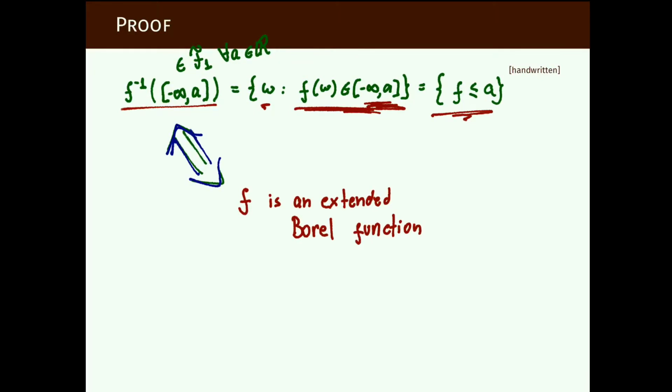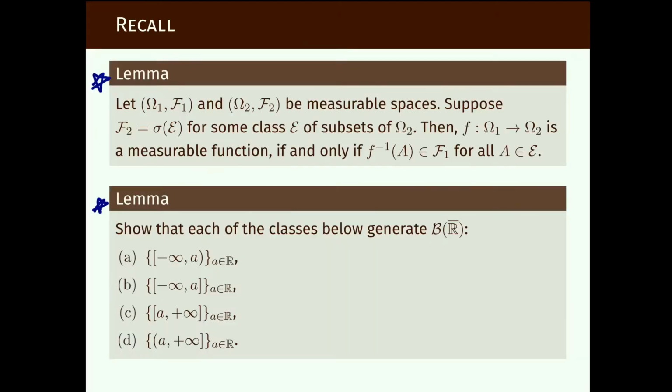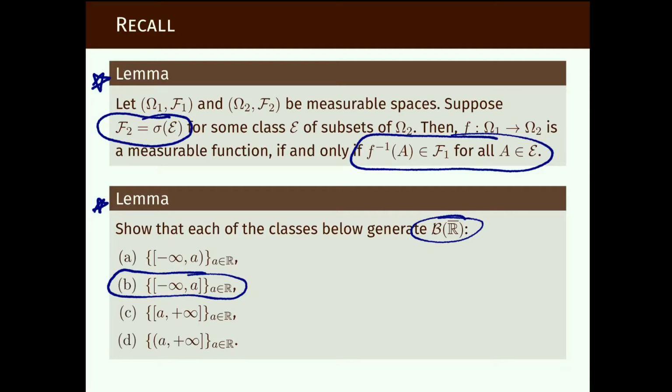Well, we go back 1 slide and we see this lemma here, which says this class generates all the Borel sets of the extended real line, and when we have a class that generates the sigma algebra of the target space, then it is enough to check that the pre-image of those sets in that class are all in the sigma algebra of the source space.